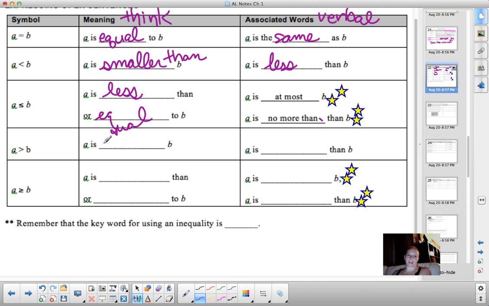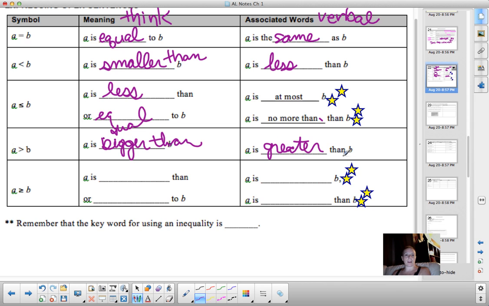So when we see that, we're going to think that A is bigger than B. A is greater than B is most likely what we're going to see when we're given a verbal model.